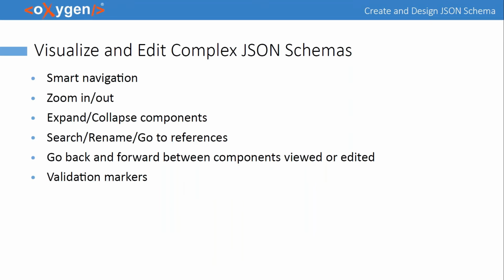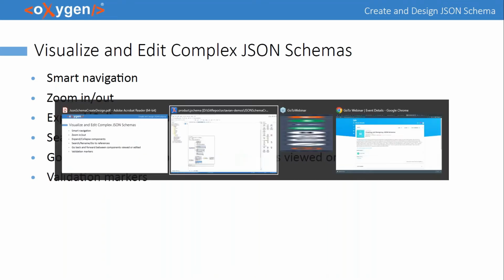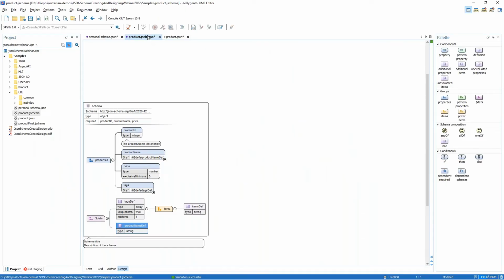You can go to references. And in the latest version, we added also support to search for references in a provided scope or to rename components in a provided scope. So we added the refactoring actions that will allow you to work with this type of schemas. And also we added support to extract definition in a separate file. I'll show you some examples.